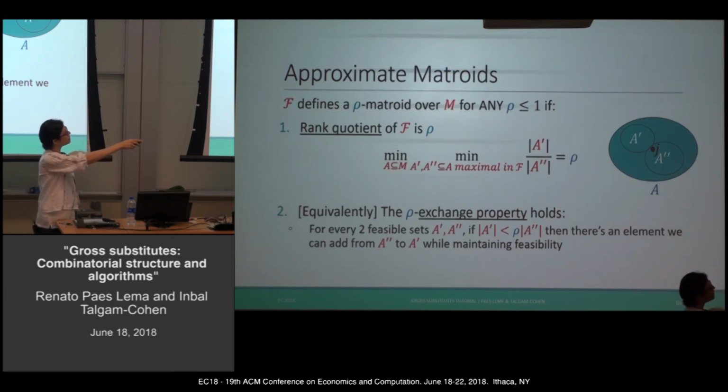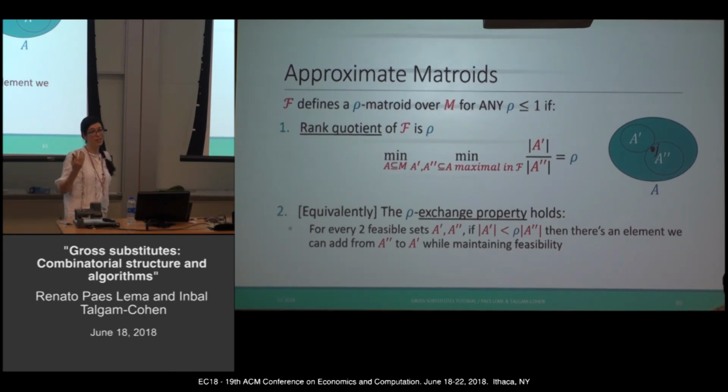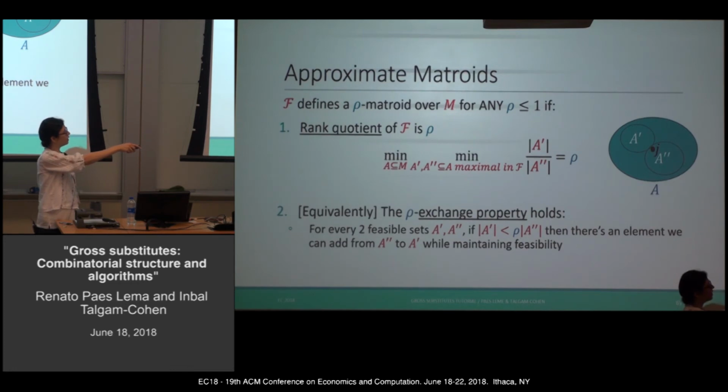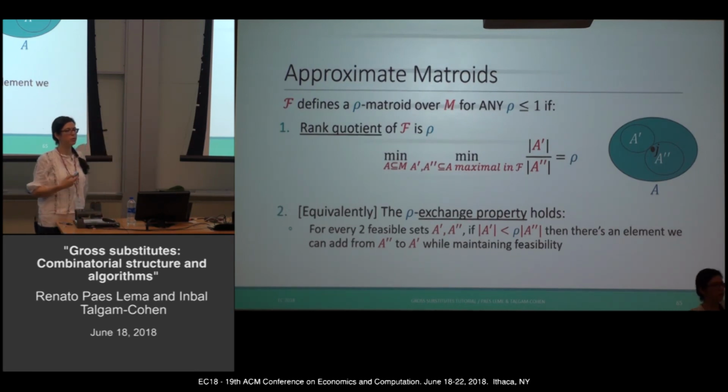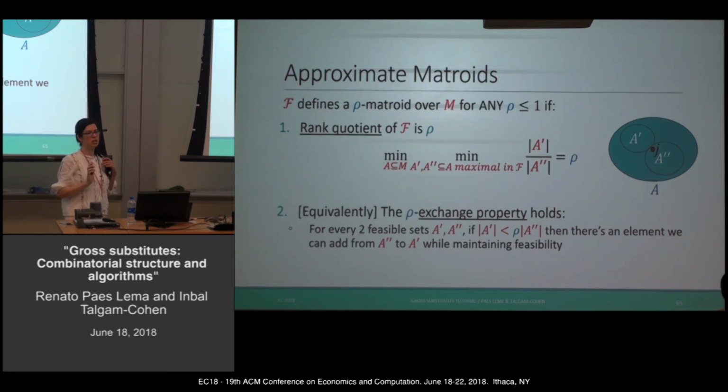And you can see that this rank quotient is now rho, maybe some 0.9 or 0.95, instead of 1. Or the rho exchange property, which says that if A double prime is much larger than A prime, then they have this exchange property that we were mentioning before. Okay, so this is known for a long time.